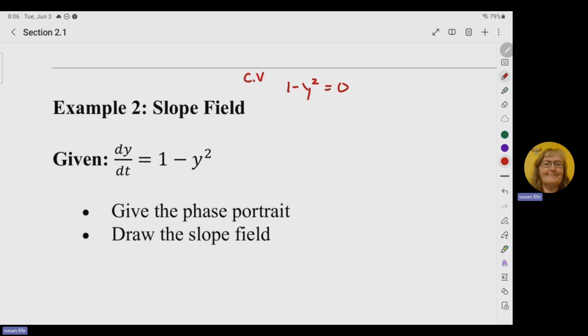That's going to give me my critical values. 1 minus y squared factors into 1 minus y times 1 plus y. And from 1 minus y, we're going to get a critical value of y equals 1. From 1 plus y, we'll get y equals -1. So my phase portrait is going to have critical values at y equals -1 and y equals 1.